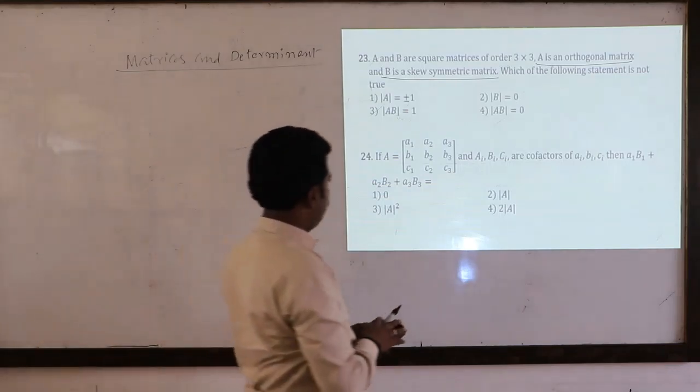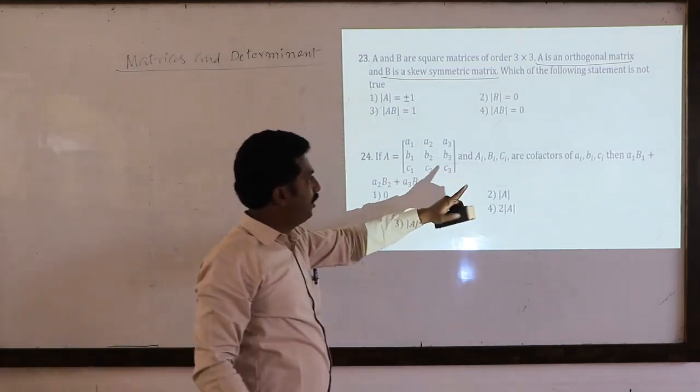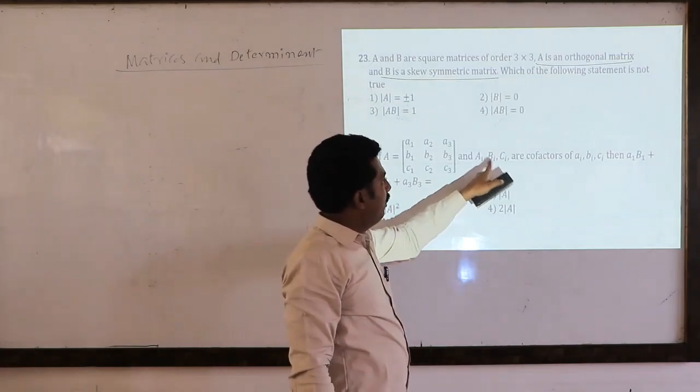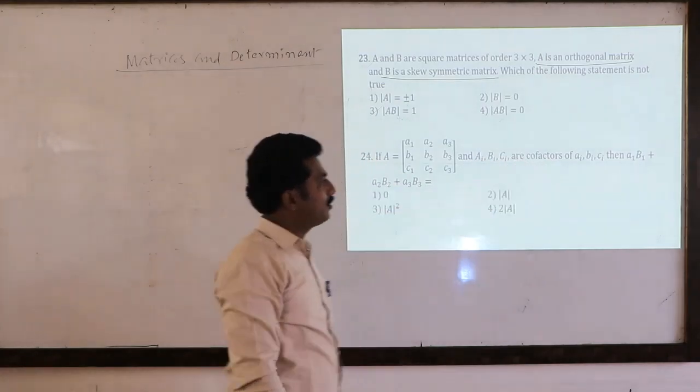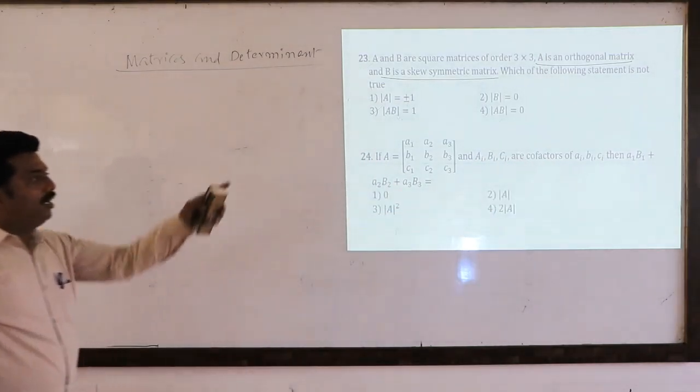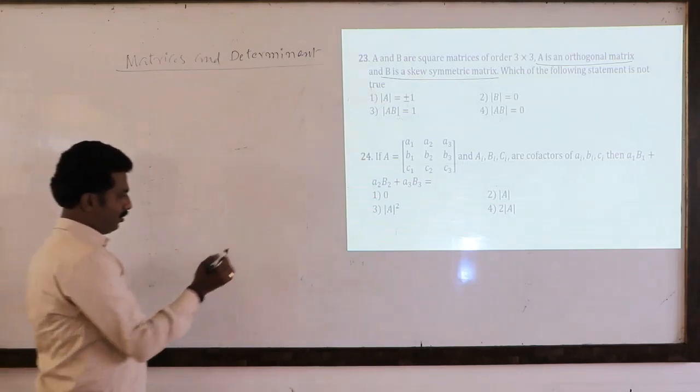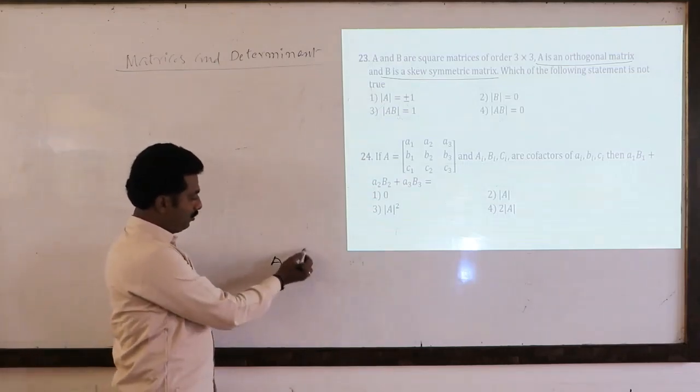A is a square matrix of order 3 by 3. Ai, Bi, Ci are the cofactors of the elements.